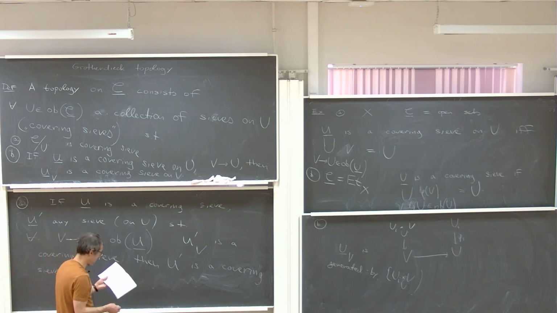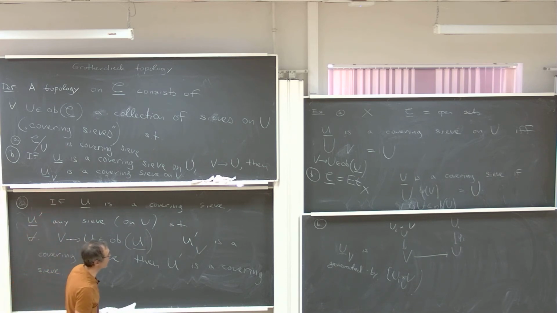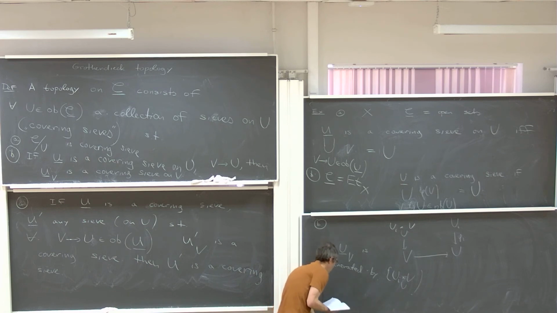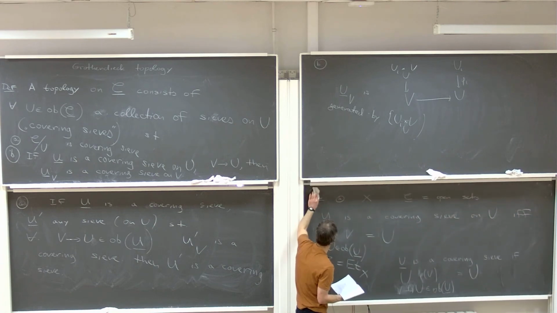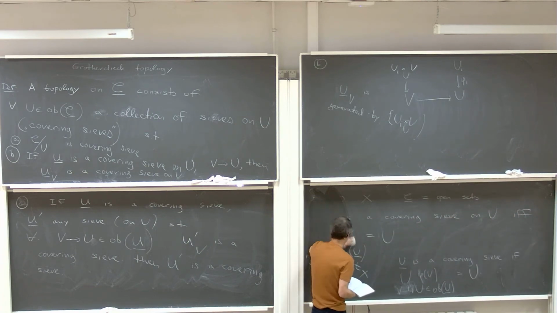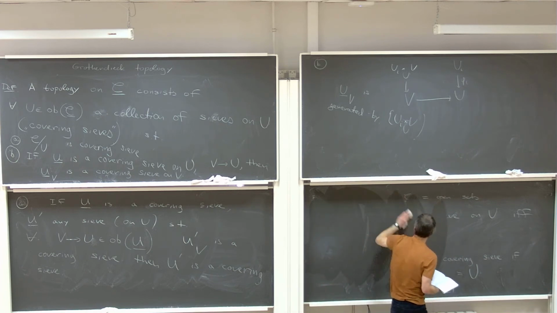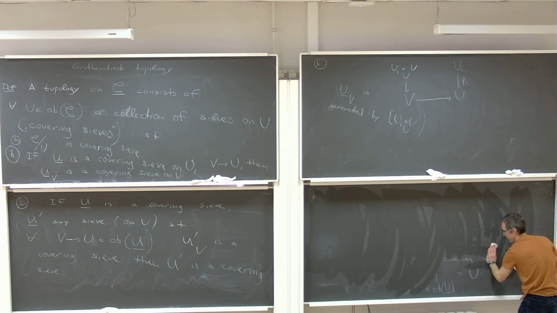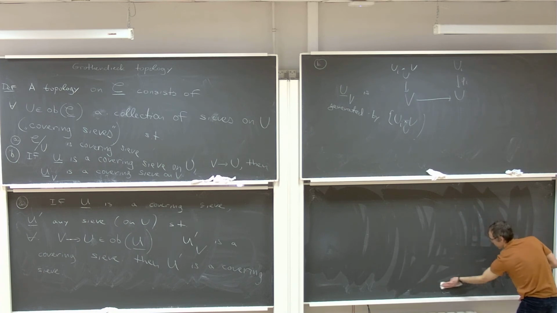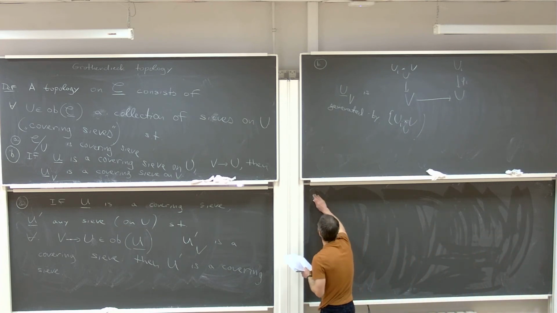So now let's go back to sheaves. Now we have a category with a Grothendieck topology, and let's see how we can use it to formulate the sheaf axiom. Okay, so what is a sheaf?